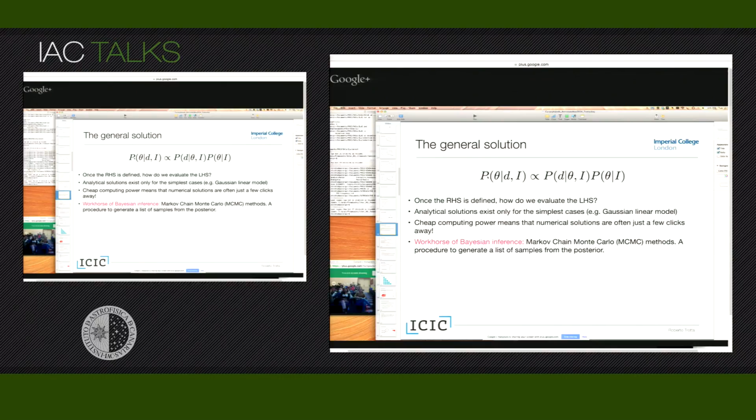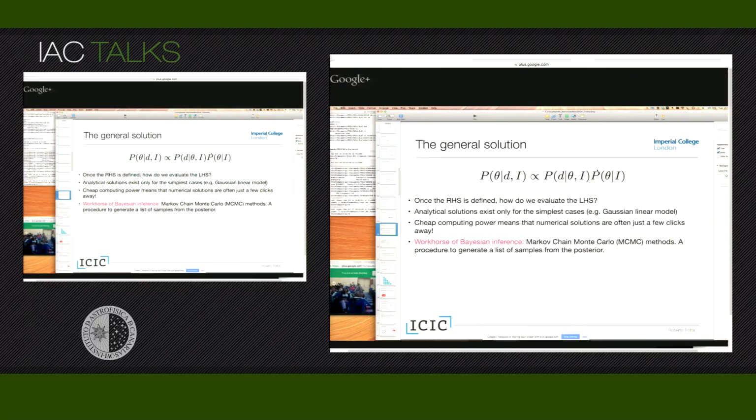Simply write down the posterior distribution for the parameters given the data and any information I you might have about the problem as being proportional to the likelihood times the prior. So, of course, you will have to define the likelihood function, and that depends on the physics of the problem, on the instrument, on the details of the kind of inferential problem you are trying to work out.